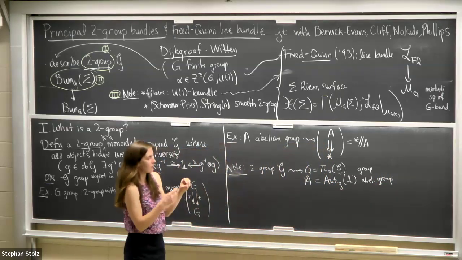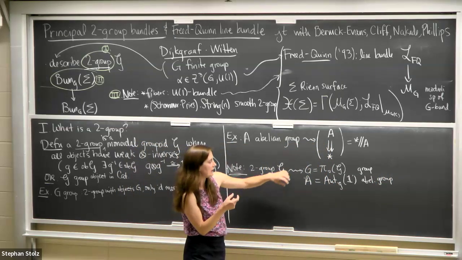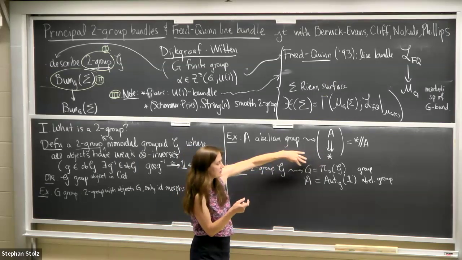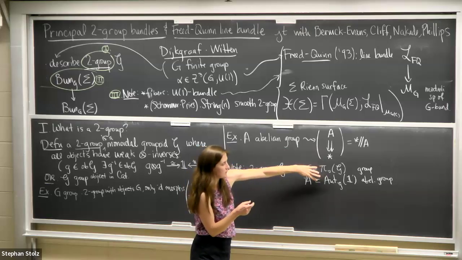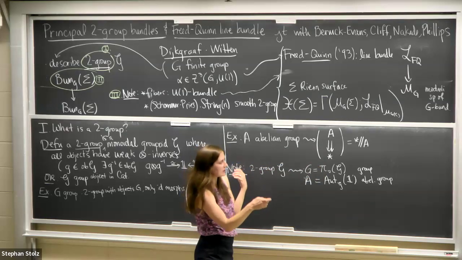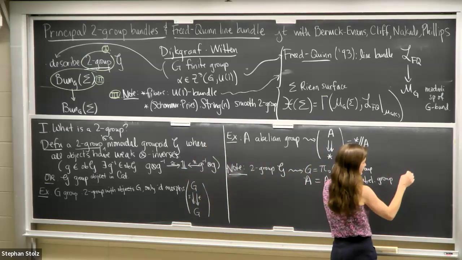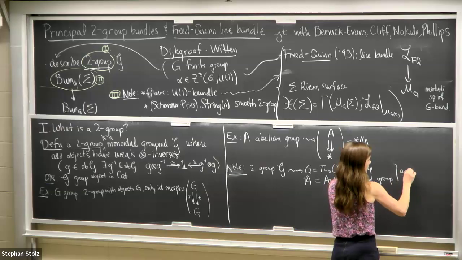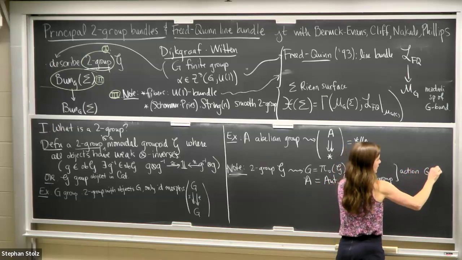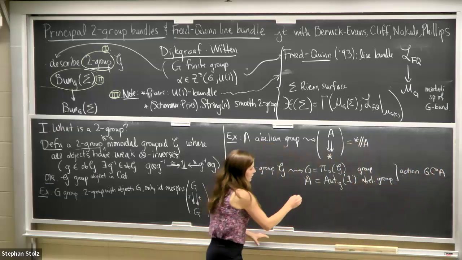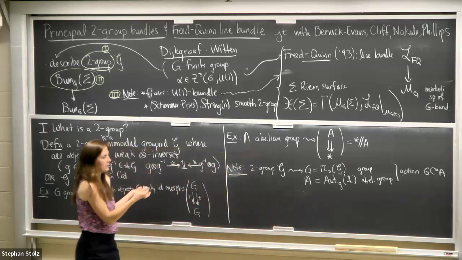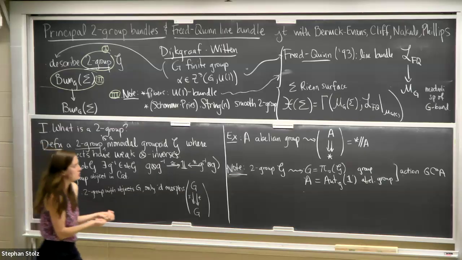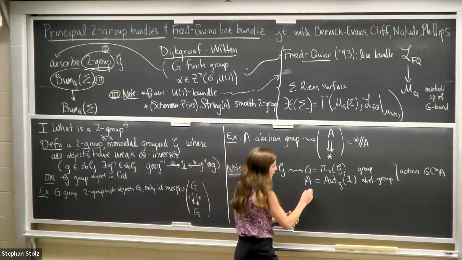And by conjugating any automorphism of the identity with the identity morphism for any object, we get an action of G on A. And then another thing that we have as part of the data of a 2-group, this category that we can write in terms of these groups G and A, is a 3-cocycle.